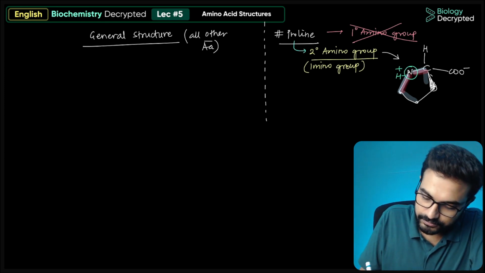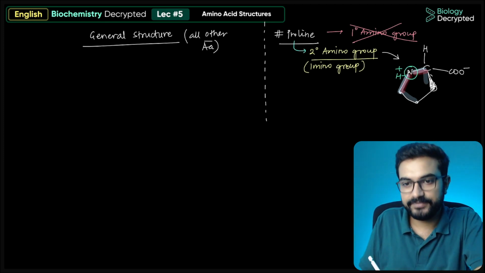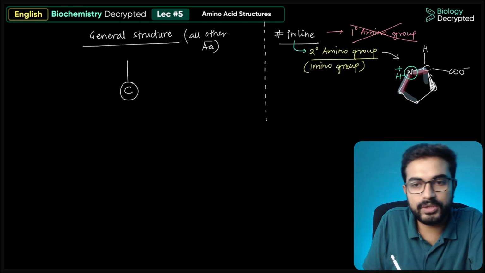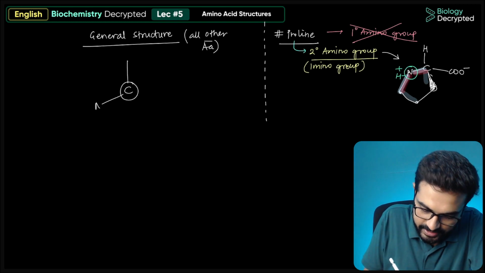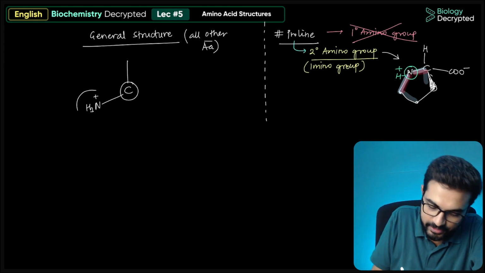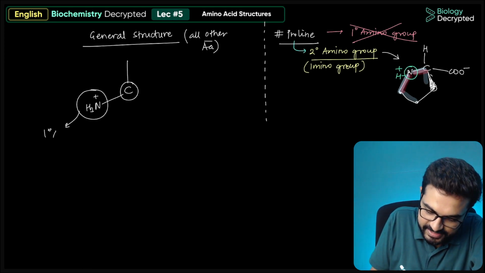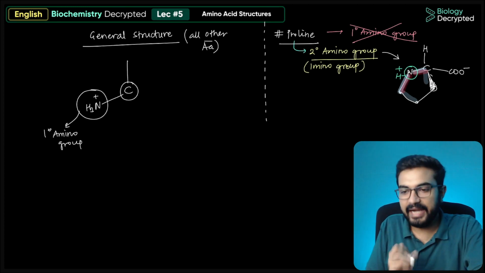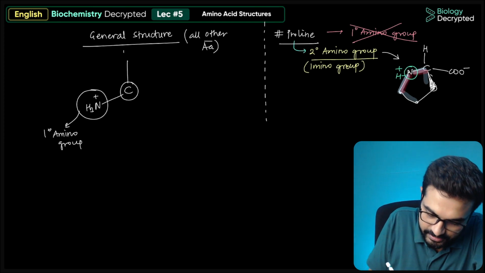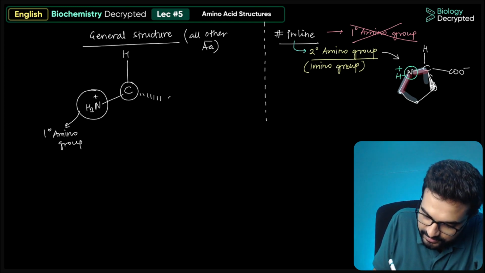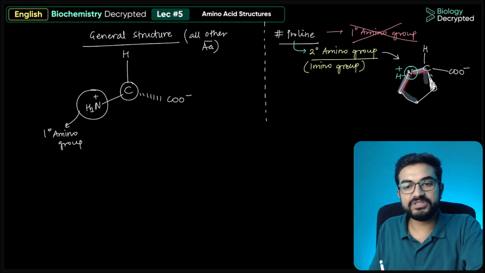Talking about the structure, this is how the general structure looks. We have already talked about it once. This is how the NH3 plus group is present here, and obviously this is a primary amino group. A hydrogen is attached here, and the carboxylate group is present here.